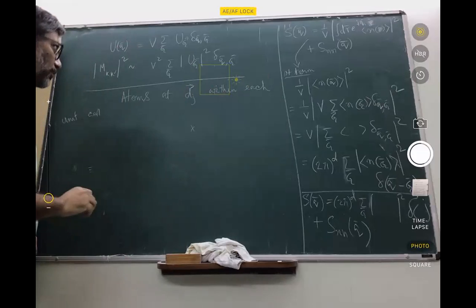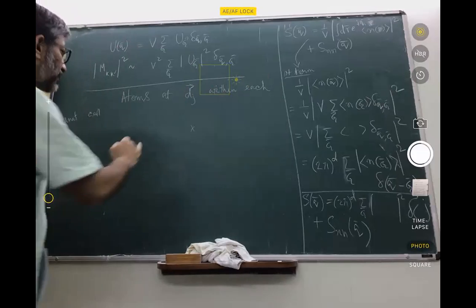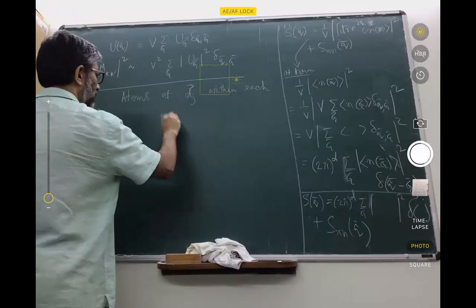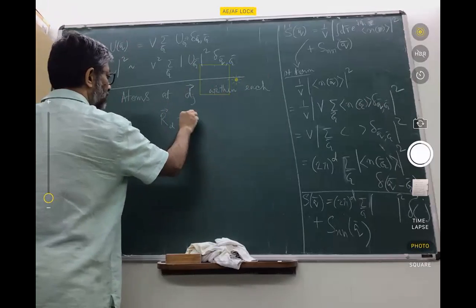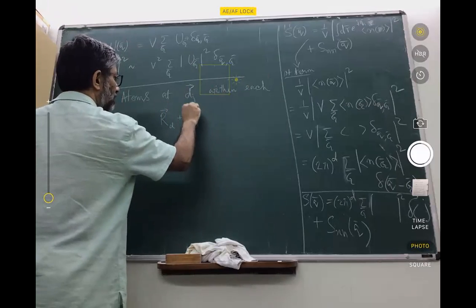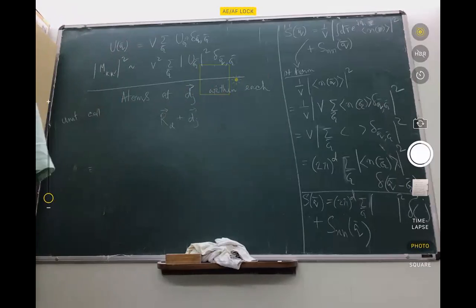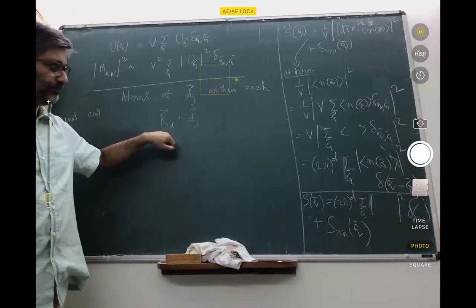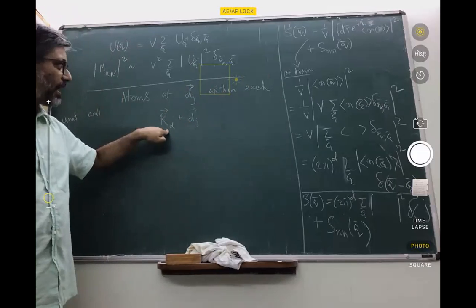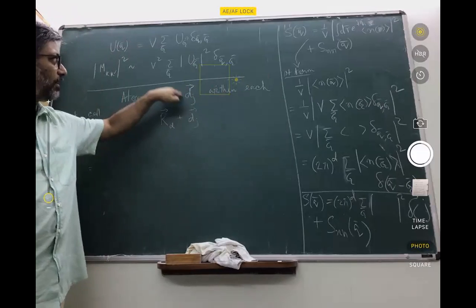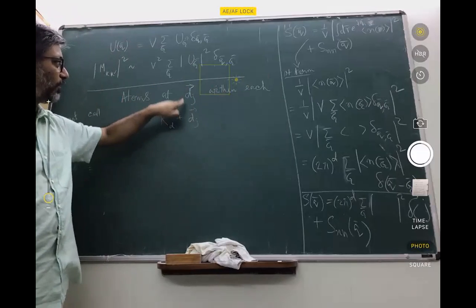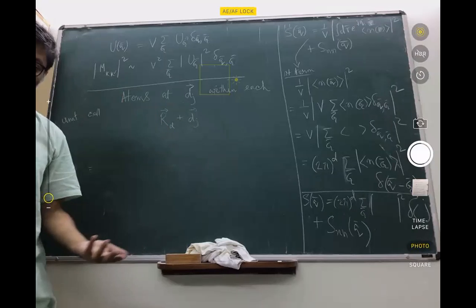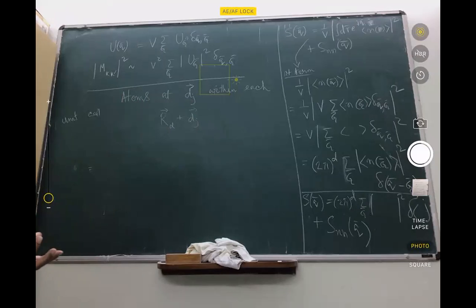In other words, the actual locations of the atoms are at R_alpha plus d_j: you go to a lattice site R_alpha, and from that point you go along these vectors d_j. Now, what values j takes depends on how many atoms you have in your basis.